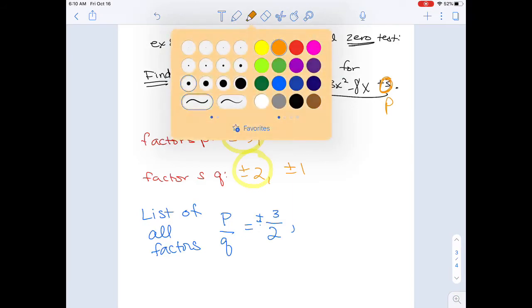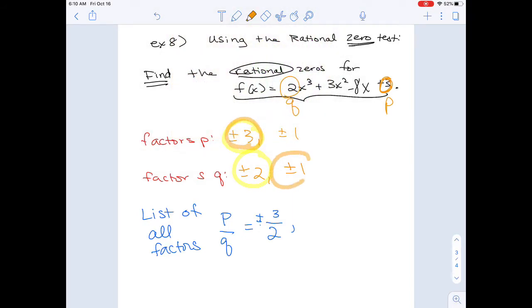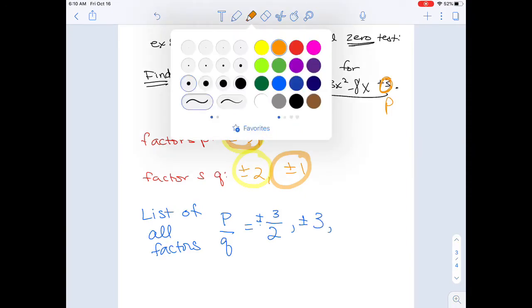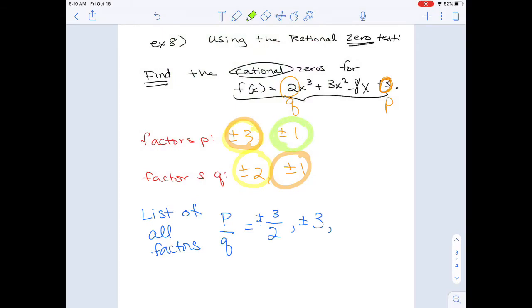The second one we're going to do is plus or minus 3 over plus or minus 1, which is just 3. And then we're going to do plus or minus 1 over plus or minus 2.